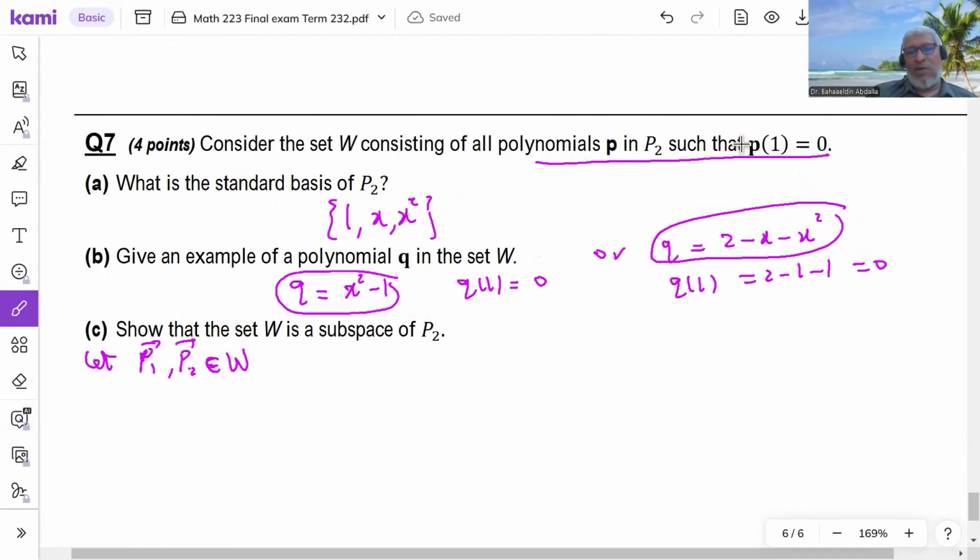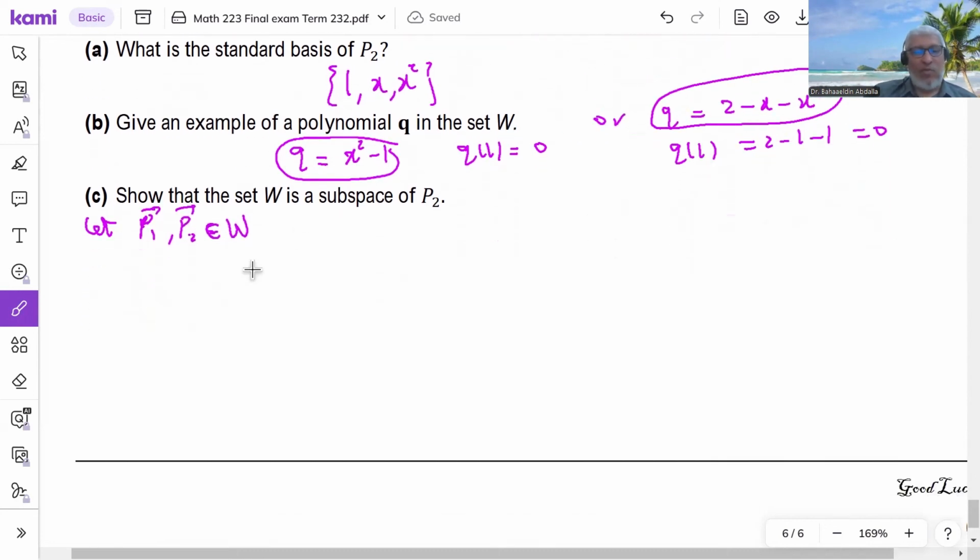The definition of W is any polynomial in W has this property, P of 1 is 0. So P1 of 1 and P2 of 1, both are zeros.